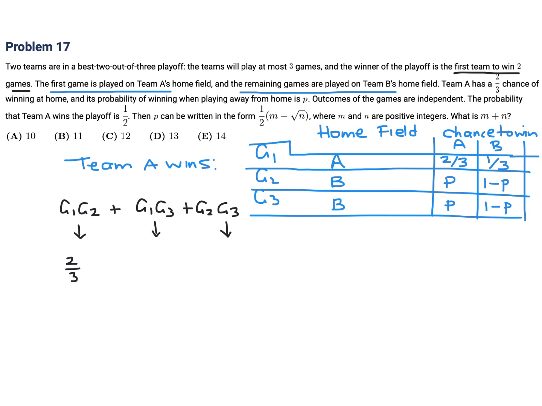And if it wins G2, that's P. G1, G3: this one I have to be a little bit careful, because G1 probability of winning is 2/3, but then it has to lose the second game. So you've got to include that probability. That's probably a little tricky. And then G3 to win is P. G2 means it lost the first game, correct? So that means 1/3. And then the second game it won, and the third game it won. And they're saying that whole thing is a half.